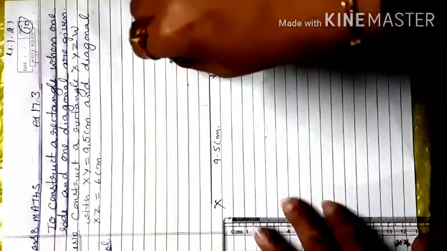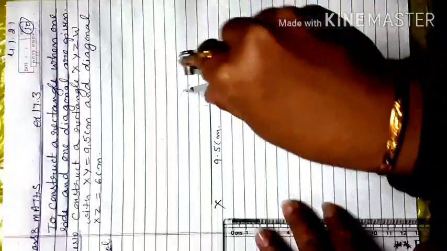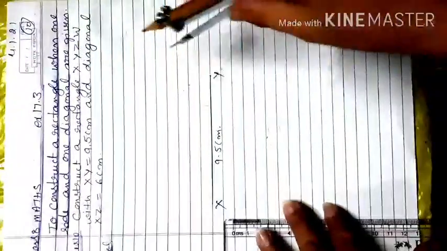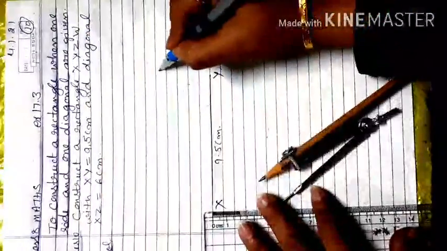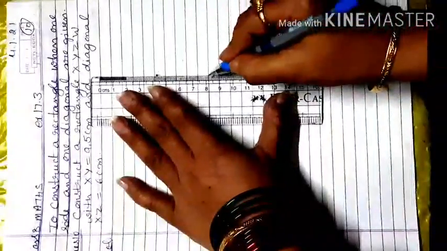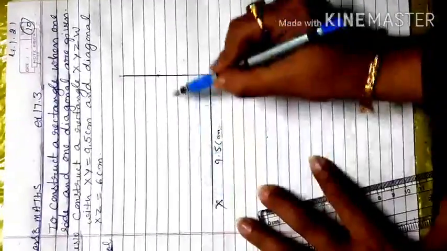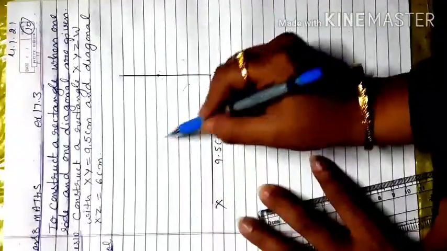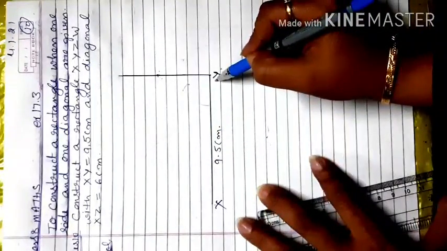If you draw the 90-degree angle here, it is 90 because the condition is that in a rectangle each corner angle is 90 degree. If you extend that one, this is 90 degree. Okay, but X to Z will be 6 centimeter, while XY is 9.5.